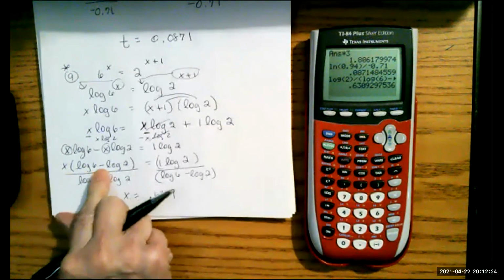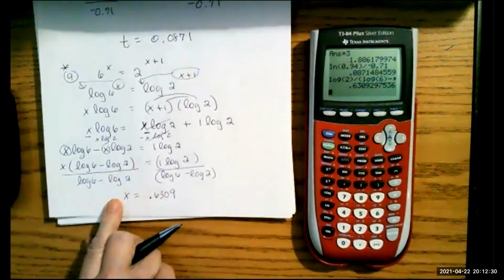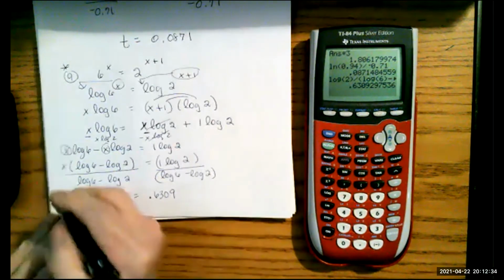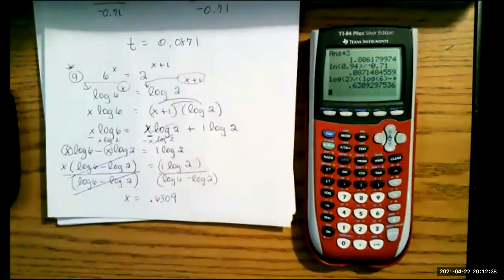So you have log 6 minus log 2. Right. Okay, then what? Well, I put the same thing at the bottom. And so those are going to cancel out, right? And then it's just going to be an x. So I'm trying to figure if I put it in there wrong in the calculator.